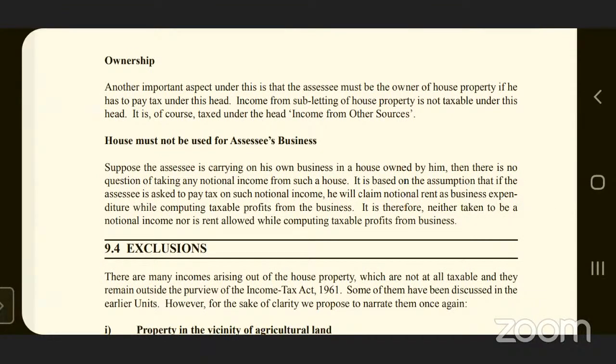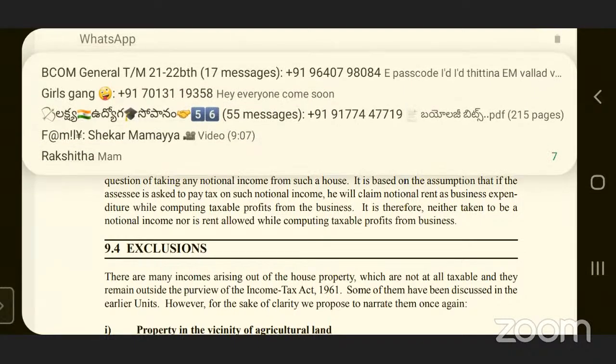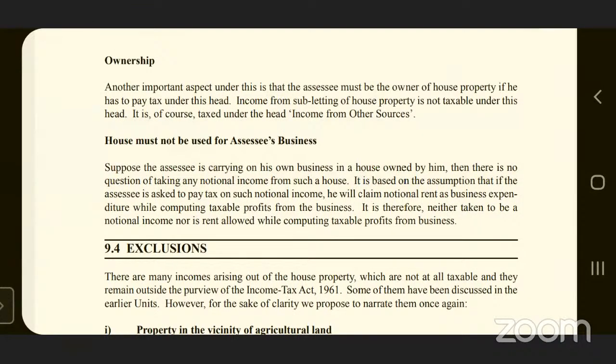The next aspect is that sometimes a house may be used for the assessee's business as well. When a house is owned by him and used for his business, there is no question of taking a notional income from that particular building, since the business owner is itself the owner of that house.